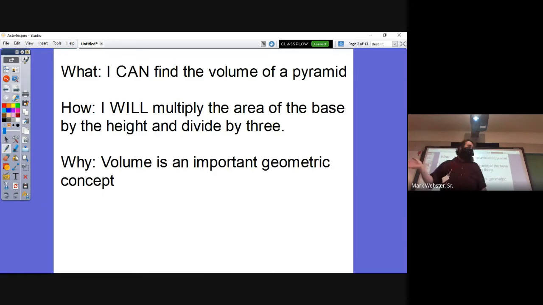It's almost as easy as what we did on Monday, which was the volume of a prism, because it's the area of the base times the height for the volume of a prism. This is almost as easy, because now it's the area of the base times the height divided by 3. One third area of the base times the height.